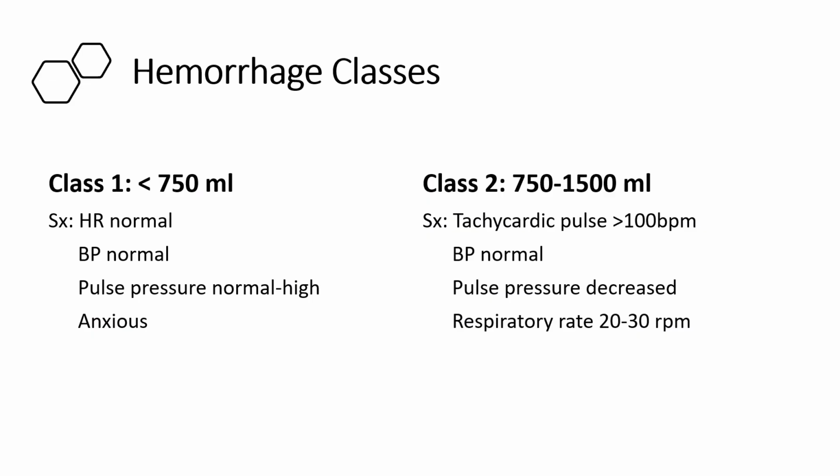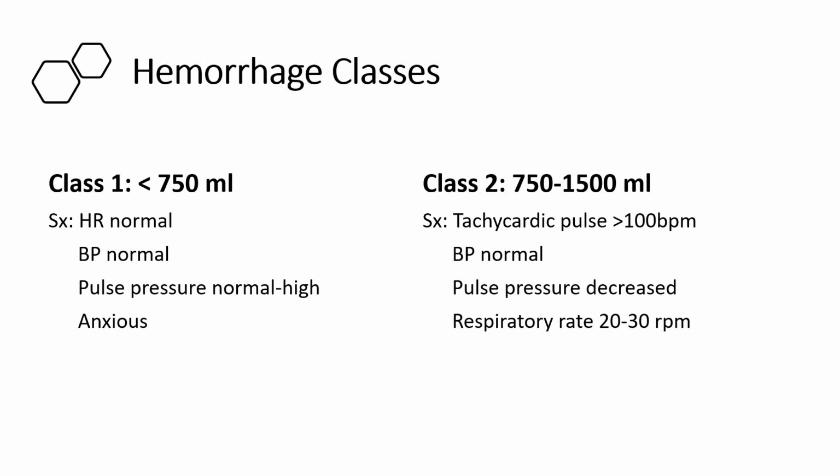Hemorrhage is classified in 4 different categories. The first, or class 1, is a loss of blood less than 750 mils. Think about that. That's the equivalent of maybe 1.5 units of packed cells.